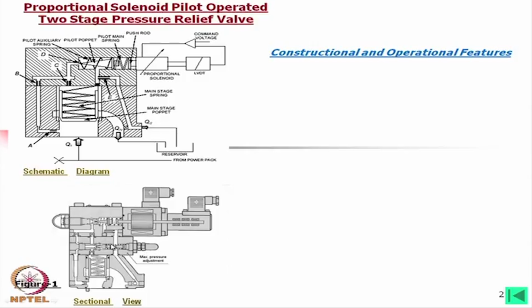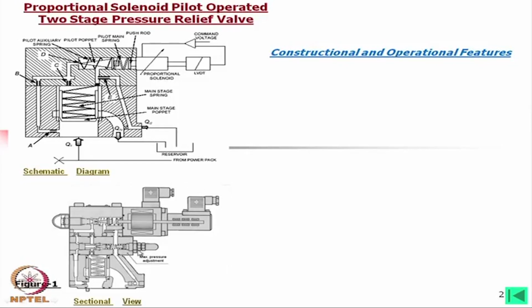Then at 12 megapascal, all the flow will go through this. So, although this can be operated up to 20 megapascal, due to setting the maximum pressure adjustment over here for 12 megapascal, this oil will be relieved through this valve, it will not come to this stage.